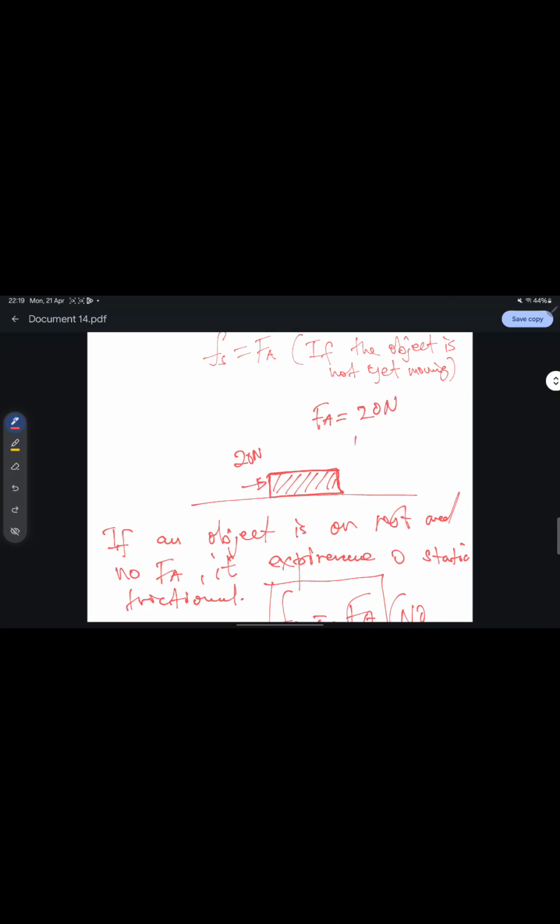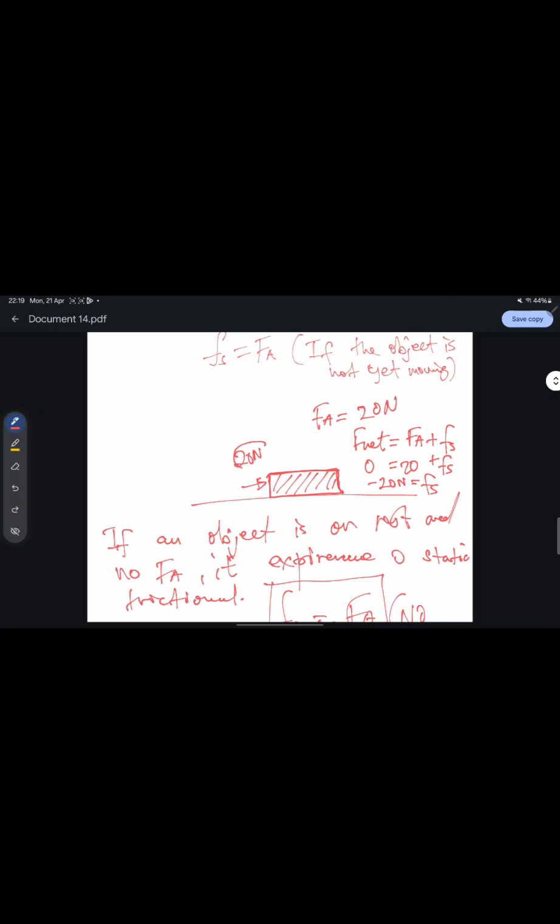Then my F net will be F applied plus the static frictional force, and since it is not moving, the F net is 0. So my F applied plus the static frictional force is 0, which means the static frictional force is negative 20 Newton.